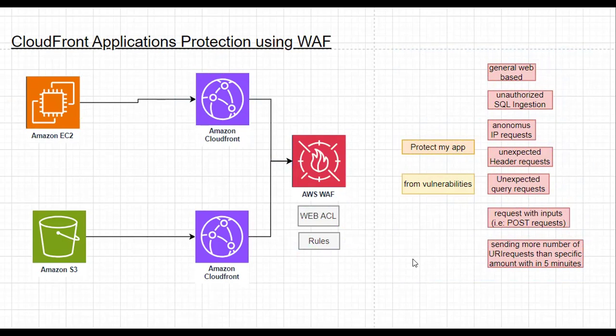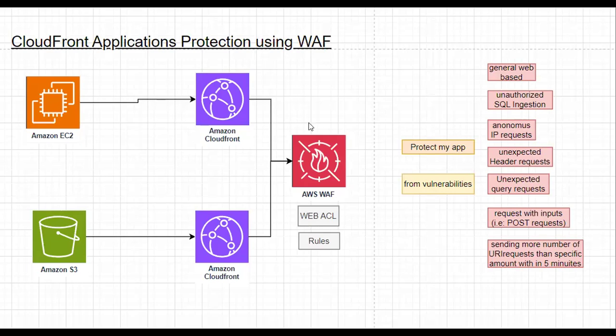Then obviously the request will be blocked. So in this way, you can simply block certain traffic from hackers or unauthorized users to your website. This is what we are going to see in today's lab video.